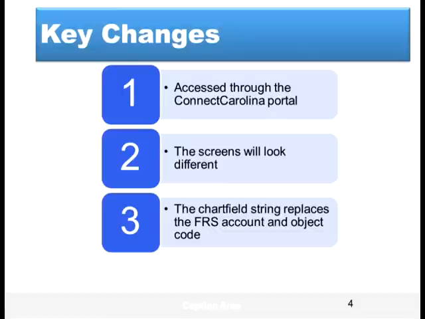The third key change is that instead of charging the lines of the order to an FRS account and object code, you will charge it to a chart field string. Because of these changes, it is important to watch the ConnectCarolina 101 CBT and the Chart Fields 101 CBT before creating your first vendor catalog order.